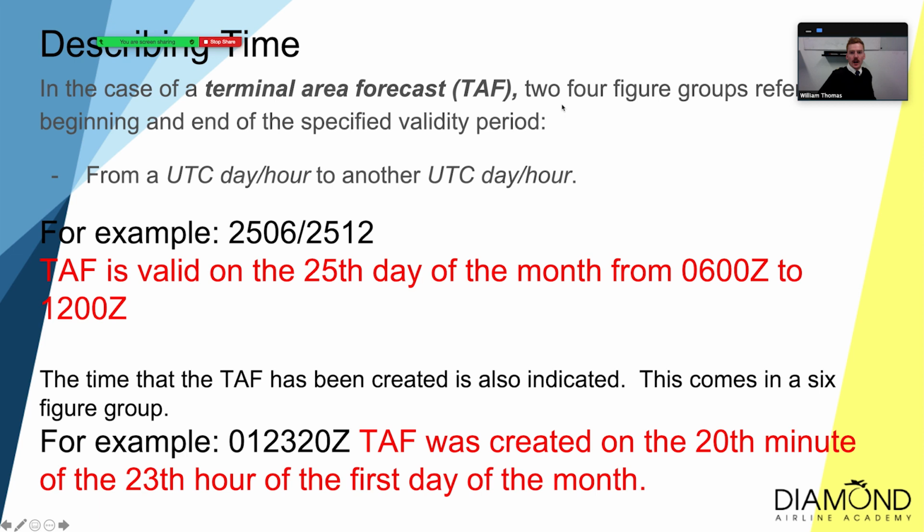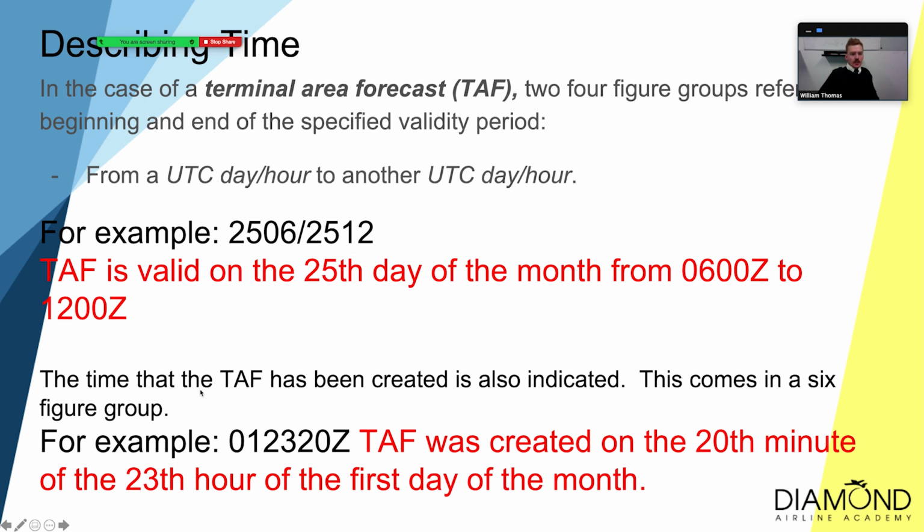Terminal area forecasts: 2 and 4 figure groups refer to the beginning and end of specific validity periods. So remember, the validity period in our terminal area forecast will be written with this notation, standing for this terminal area forecast valid starting on the 25th day of the month at 0600 Zulu till the 25th day of the month at 1200 Zulu.